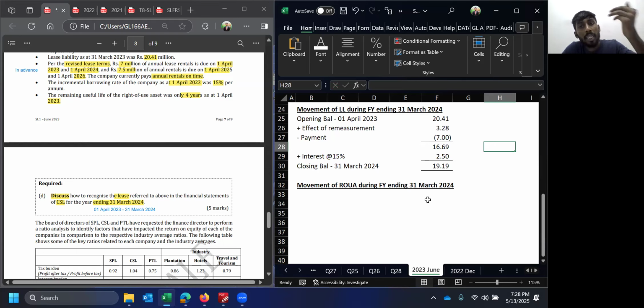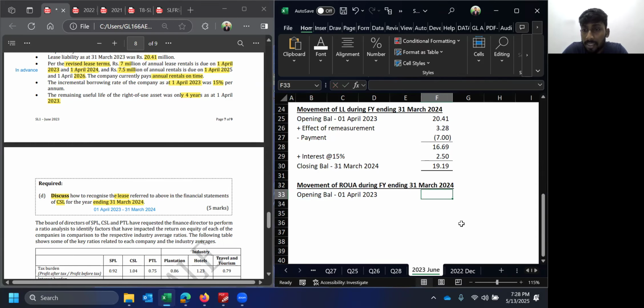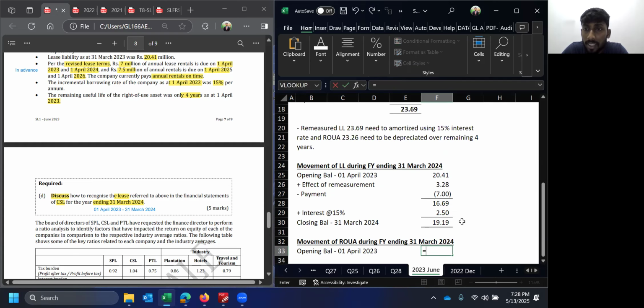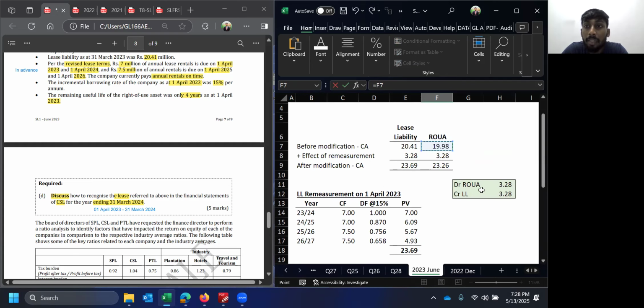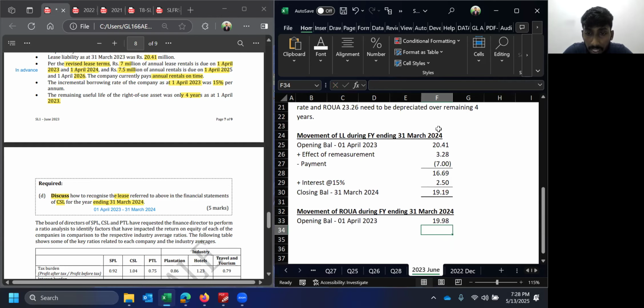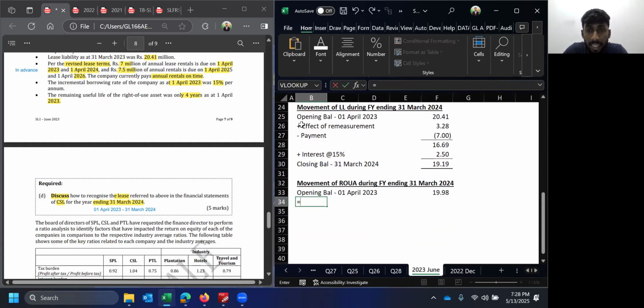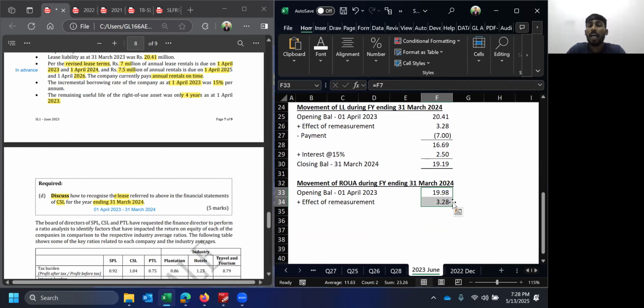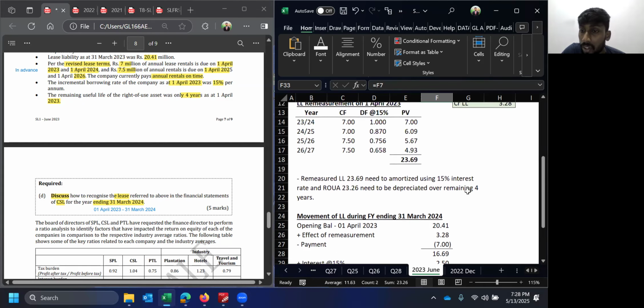The same movement needs to be shown for the right of use asset. Opening balance: last year closing, that means 19.98, before any modification. Then I have to add the effect of remeasurement. Now I have 23.26, which is the remeasured right of use asset.